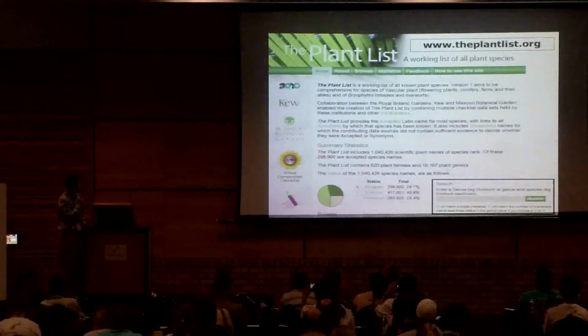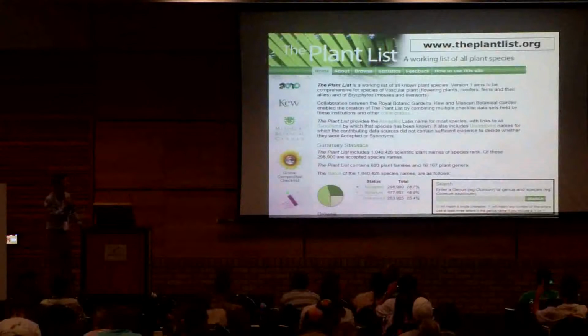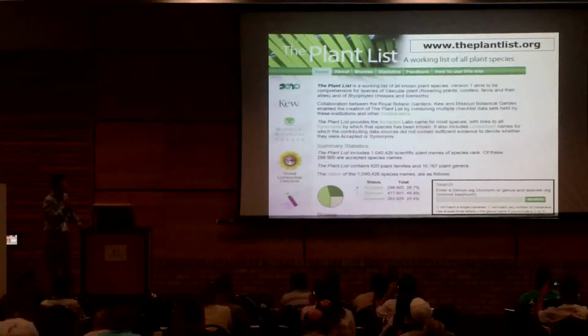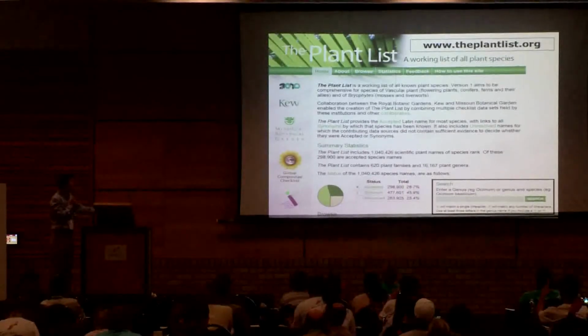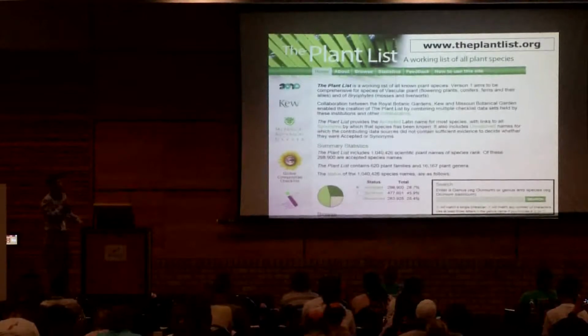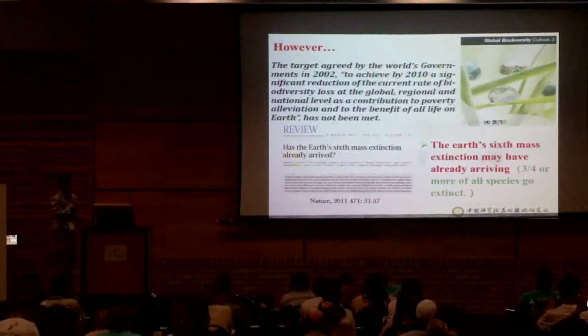And this was achieved by a global initiative, including Kew Gardens, Missouri, New York, and many other botanical gardens across the world, by synthesizing the plant list, including some 300,000 accepted names by that time.